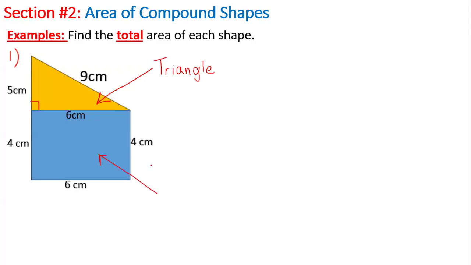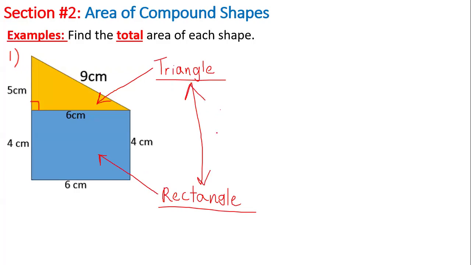A rectangle. So our goal in finding the total area of the shape is we first have to find out the area of both shapes, right? The area of the rectangle and the area of the triangle. And once we figure out the area of the rectangle and the area of the triangle, what do you think we're gonna do with the two areas?